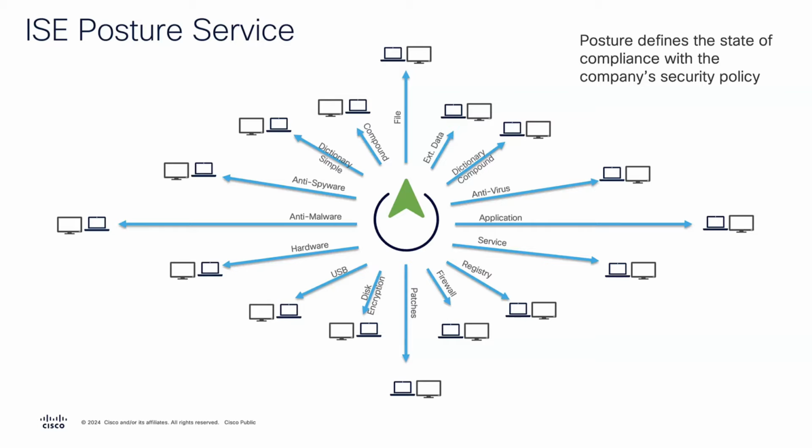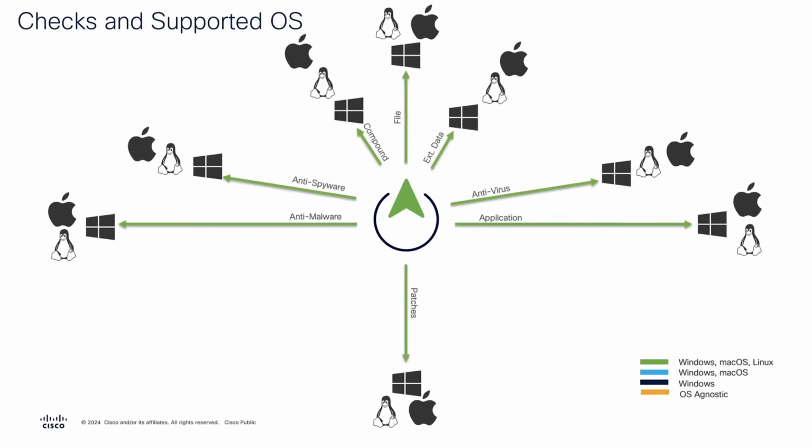Not all these checks are supported on each and every operating system that we have talked about. So let's deep dive into the checks and the respective operating systems supported. To get started, these are the checks possible for you to create or configure on Windows, Mac, and Linux operating systems.